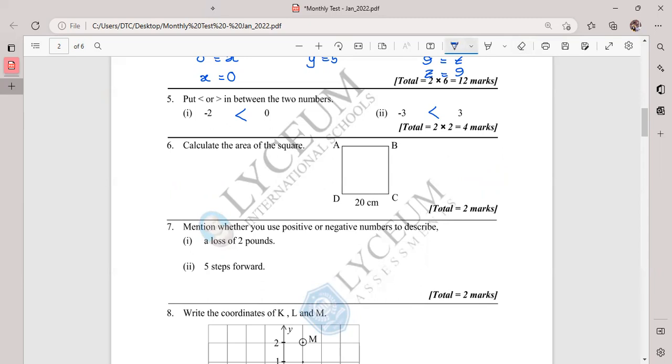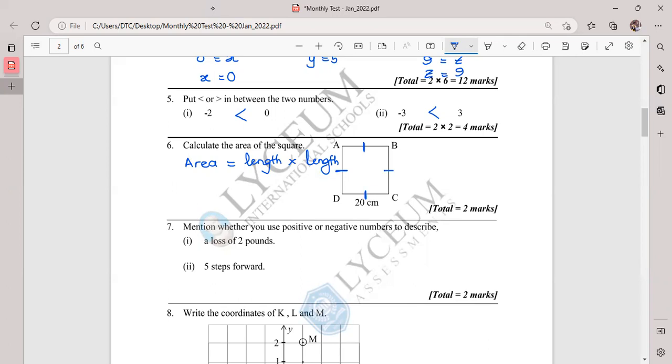This is from the area lesson. You want to calculate the area of the square. So can you remember the formula to calculate the area of a square, children? It is length into length. Why is that? Because all the 4 sides are equal. This is a square, and all the 4 sides are equal. You have learned the special kinds of quadrilaterals.